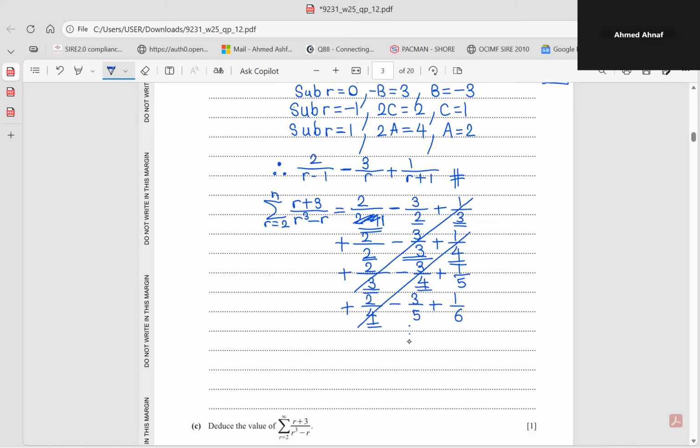Now let's substitute the last two sets, which is r equals n minus 1 and r equals n. So plus 2 over n minus 1 minus 1, that's n minus 2, minus 3 over n minus 1, plus 1 over n minus 1 plus 1, that's just n, plus 2 over n minus 1, minus 3 over n plus 1 over n plus 1.